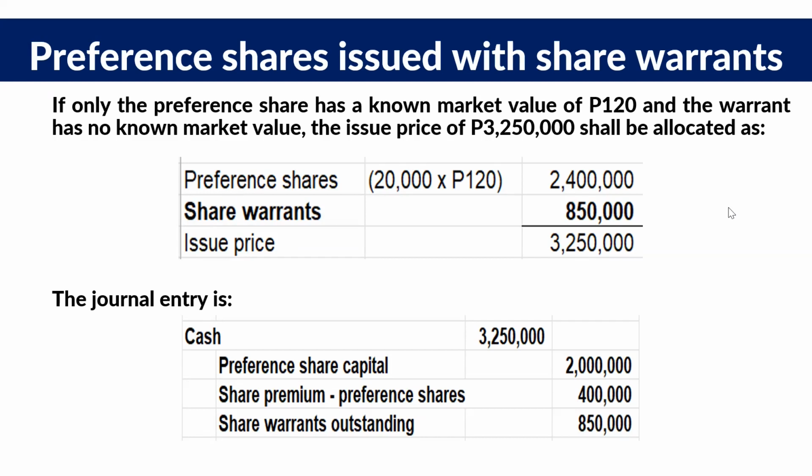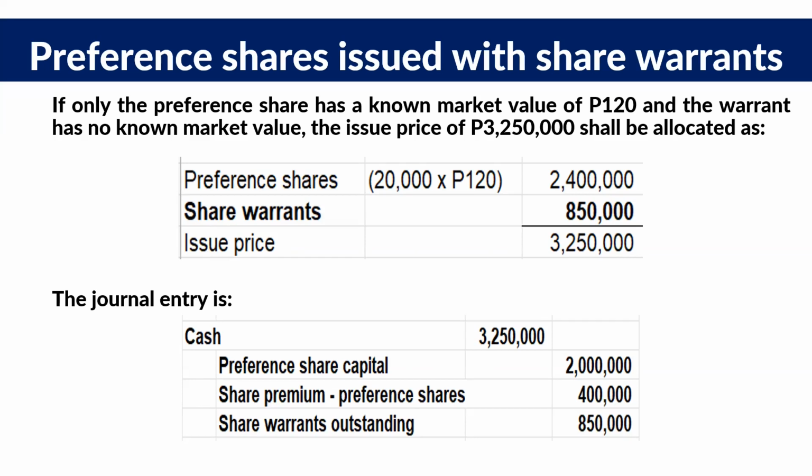How do we allocate it? As I said, we first compute the fair value or market value of the preference shares. In this case, it's 2.4 million. So of the total issue price of 3,250,000, 2,400,000 will be allocated first to preference shares. The excess of 850,000 is for the share warrants.